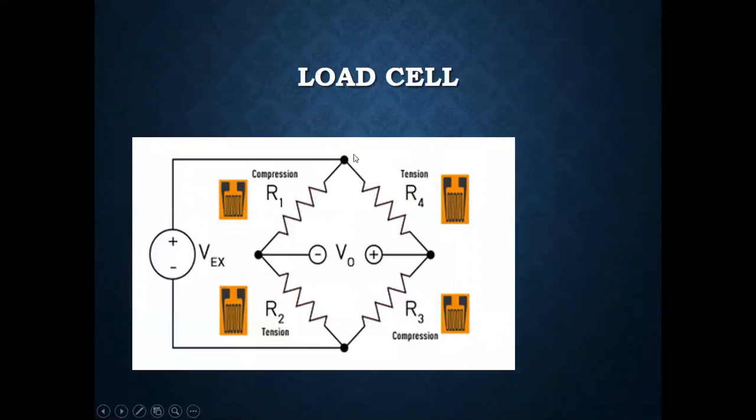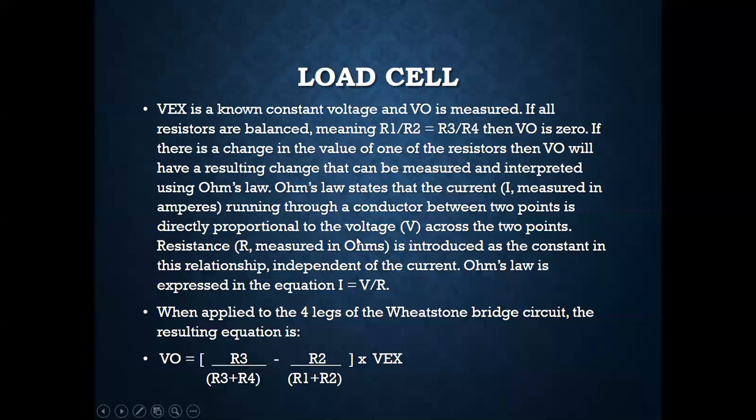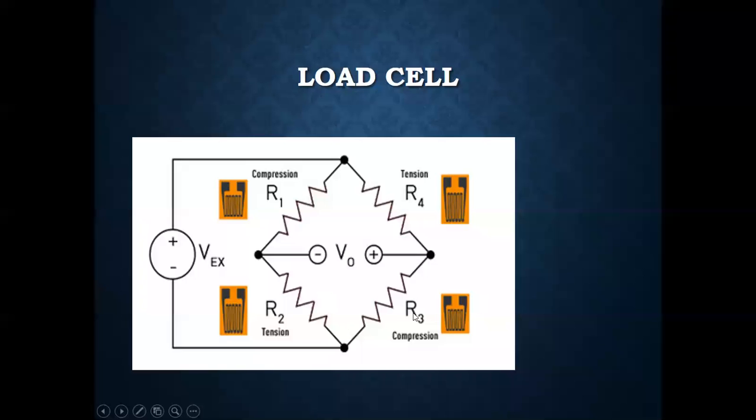In the Wheatstone bridge, when coming to the load cell, we are replacing all the resistors with strain gauges. This is R1, this is R2, this is R4, this is R3. What is the output here?